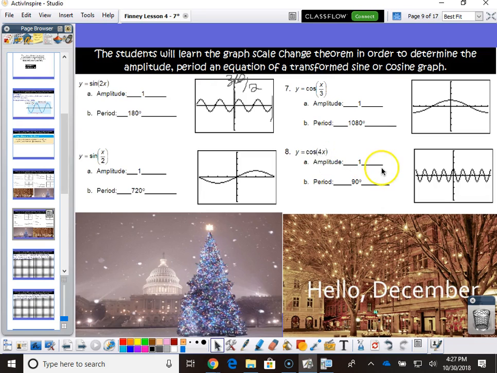Here, this is telling us that our cosine is 4x, which means in 360 degrees, we're going to see the cosine 4 times. So 360 divided by 4 is 90. 360 divided by 1/3 is 1080. 360 divided by 1/2 is 720.